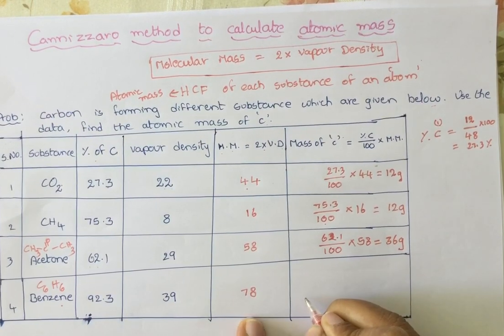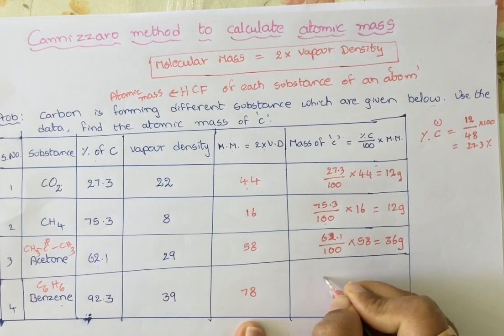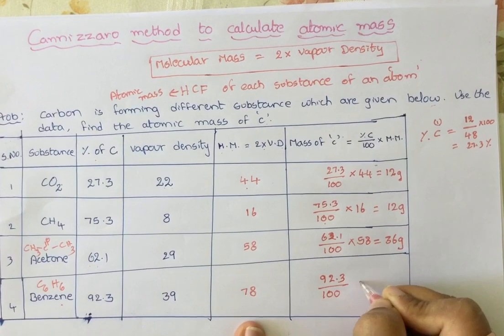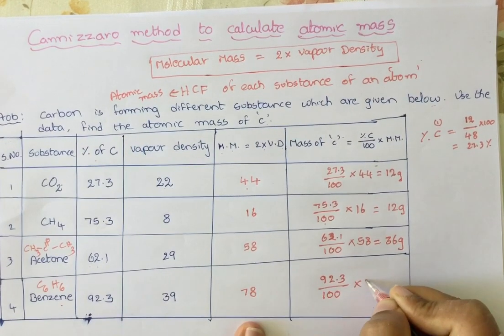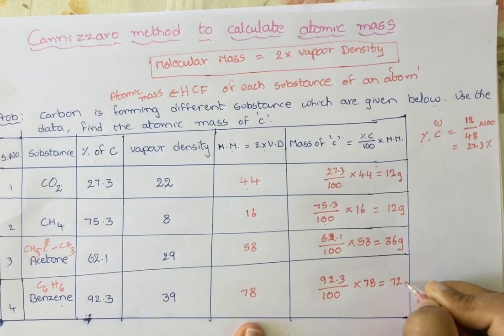Similarly for benzene, find the mass of carbon: 92.3% multiplied by the molecular mass, 78, that equals 72 grams.